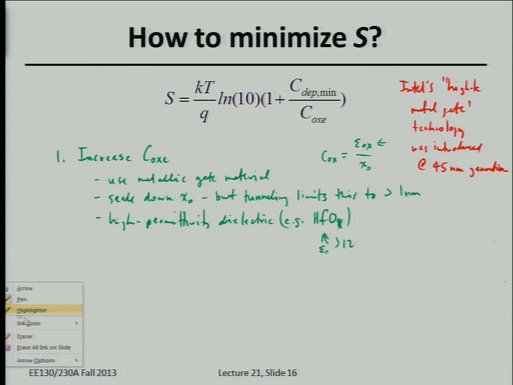Okay, what's another way we can improve the subthreshold swing? Ah, very good. Depletion capacitance. So what do you want to do? We want to decrease the depletion capacitance. Okay, so how do we do that?